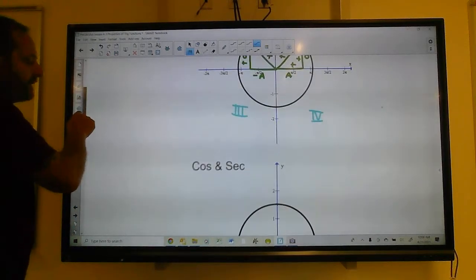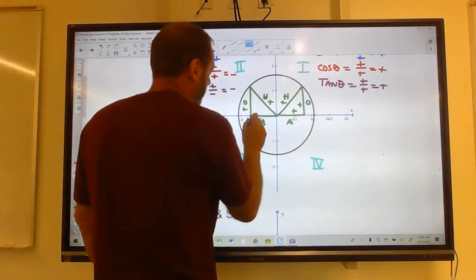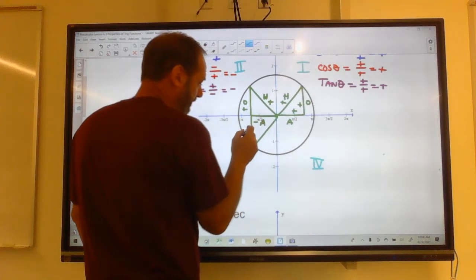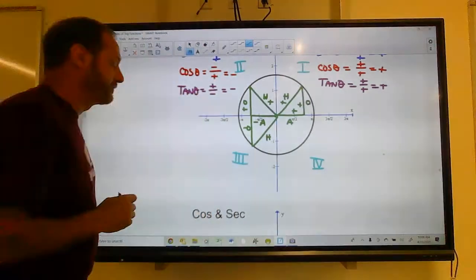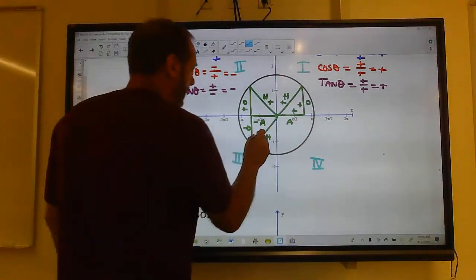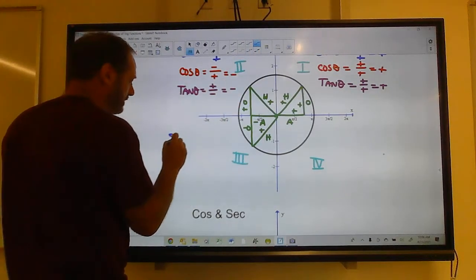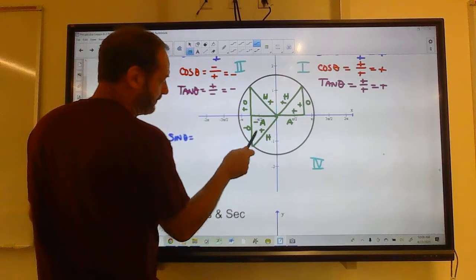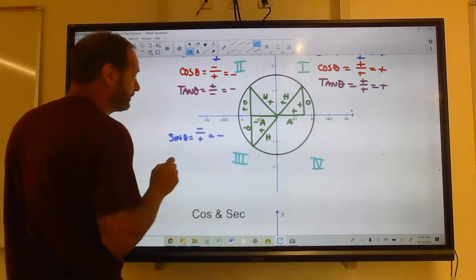Okay, now I go down here, and I look at this quadrant down here. My adjacent is still negative, my opposite is now negative, and my hypotenuse is positive. So, let's look at the sine. Sine is opposite over hypotenuse. That's a negative over a positive, so that's negative.